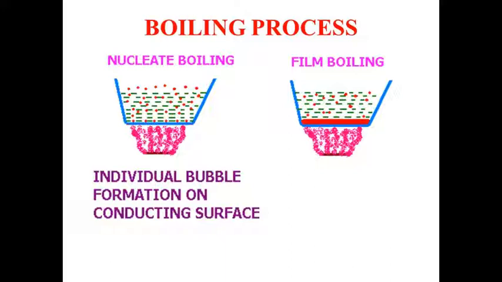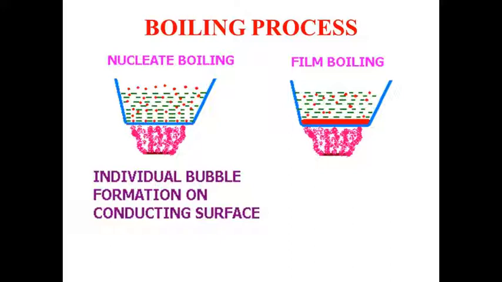As a result there is a steam blanketing, and this steam blanketing affects the heat transfer and boiling of the bulk of the fluid, because the coefficient of heat transfer of steam is less than the coefficient of heat transfer of water.